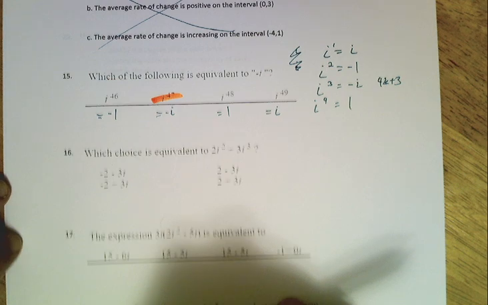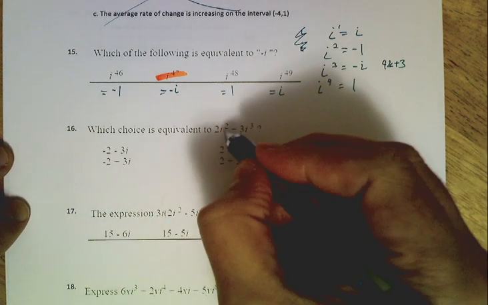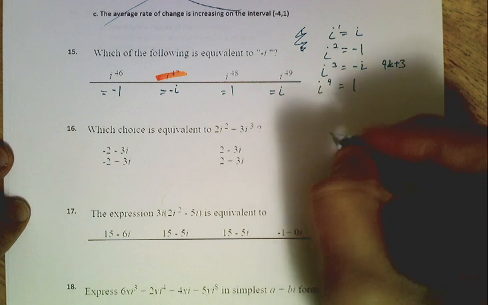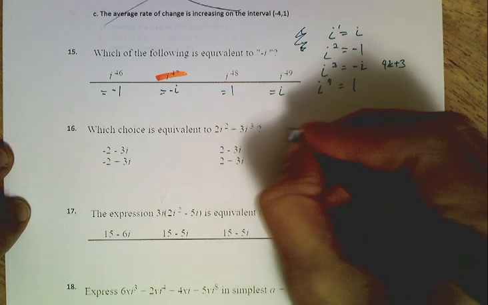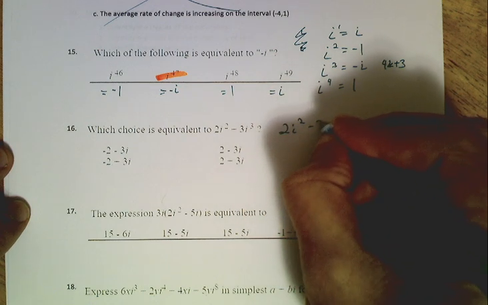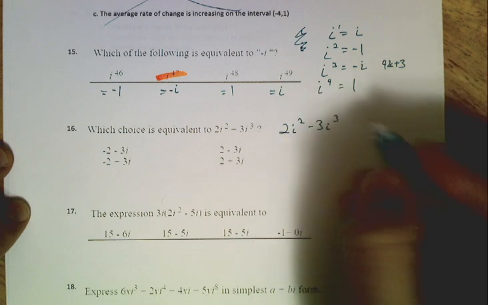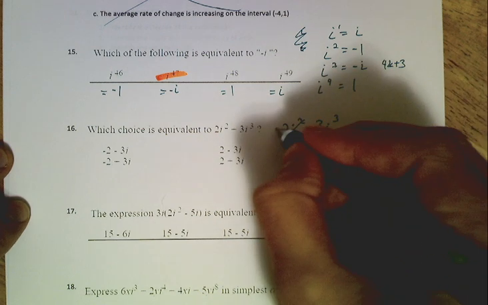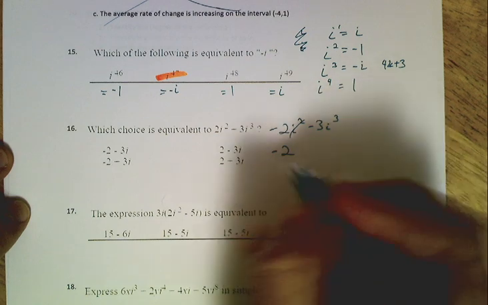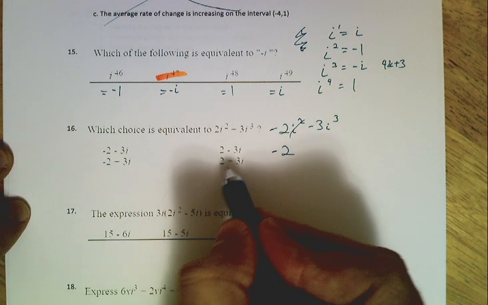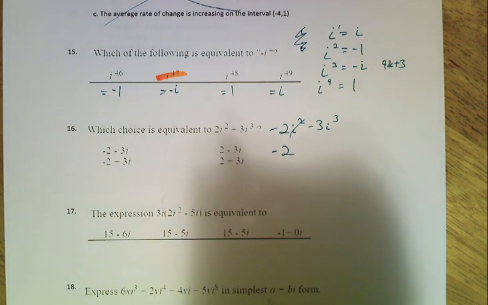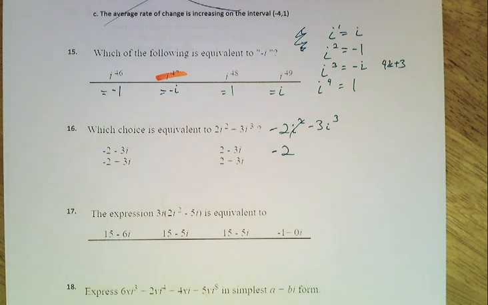Which choice is equivalent to 2i squared minus 3i to the third? So 2i squared minus 3i to the third. So this i squared goes away, we'll make this negative, so I'll have a -2 in there. Just to make sure everything printed right, let me reference my original here. There it is.